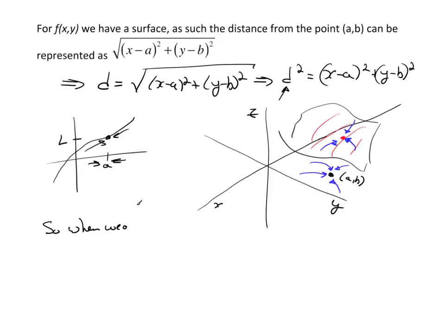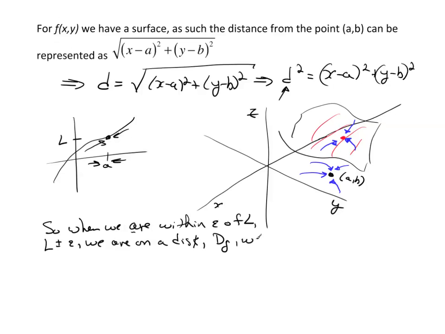So when we are within epsilon of L, in other words, we've got L plus or minus epsilon, we are actually on a disk, like I said earlier, denoted D sub delta, with a radius which is going to be less than delta, centered at (a, b).